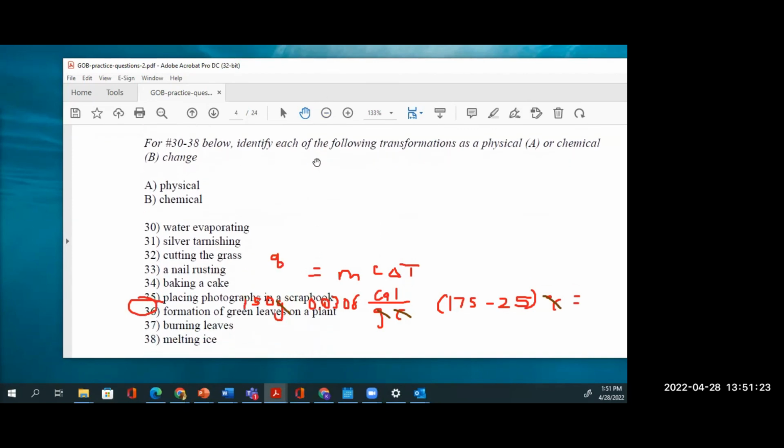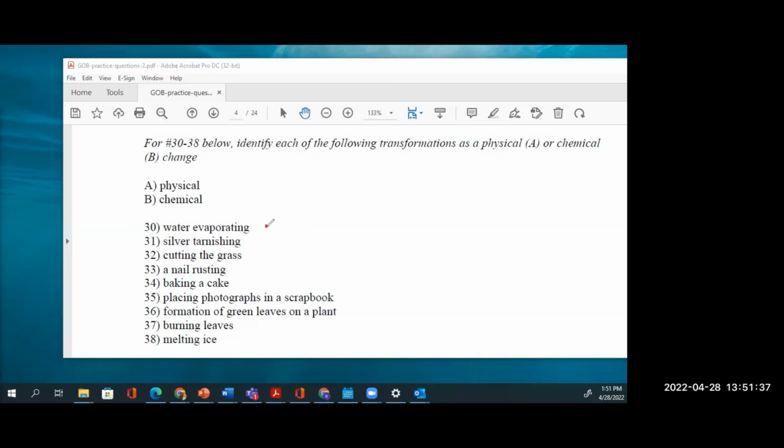Okay, so from 30 to 38, we get to say chemical change or physical change. Water evaporating. Physical change. So we'll put a P there. We'll put a P or a C. Okay. Silver tarnishing. Tarnishing is kind of like the equivalent of rust for silver. It's chemical.